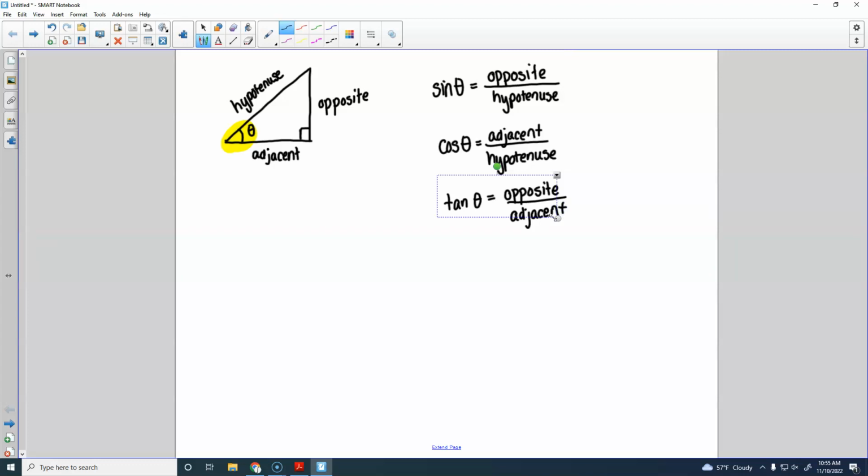And so those ratios are always true when we look at how we can use them to solve triangles.